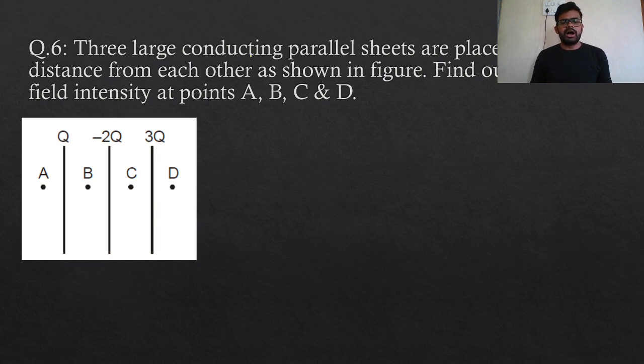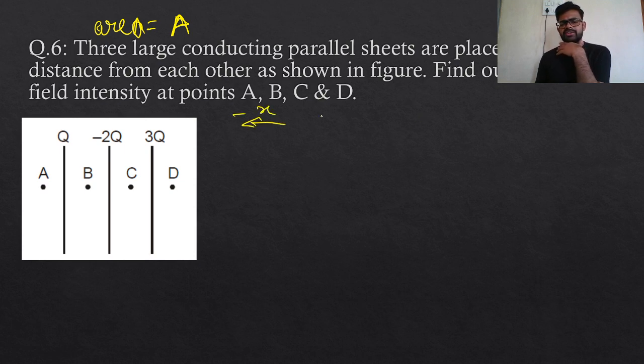First, three large conducting parallel sheets are shown. Let's say their area is capital A. Our charges are shown in the figure, right? Find the electric field intensity at points A, B, C and D. Consider this direction as negative x-axis and this direction as positive x-axis.